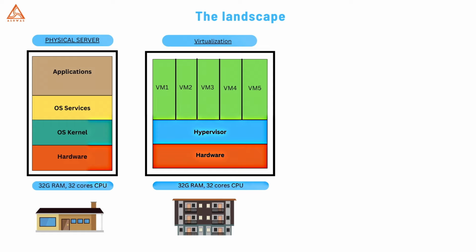So here the same 32 gigs of RAM and 32 core machine is now broken into 5 virtual machines. Essentially you are making better use of the same hardware. In our terms, 6 families can now stay on the same piece of land on which only one family could stay in a bungalow. So this is the beauty of virtualization.